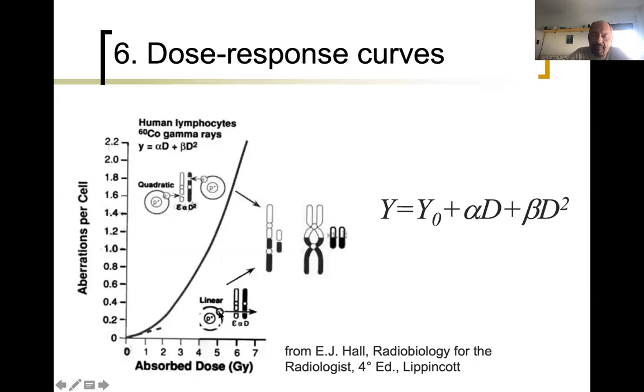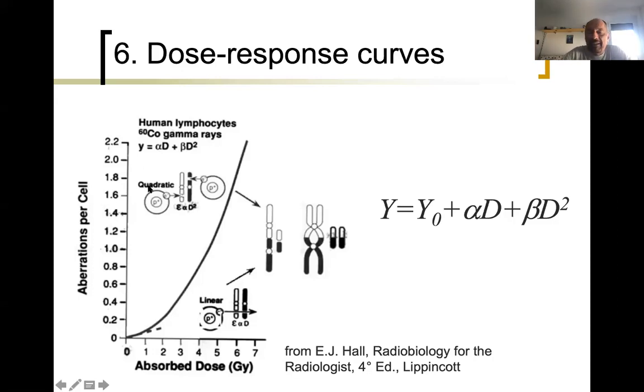The linear component, which is the initial slope alpha, is independent of the dose rate. It depends on the dose, of course, on the number of electrons, but not on the dose rate. But for a quadratic component, the time of repair of the single chromosome break must be longer than the time of delivering the dose.